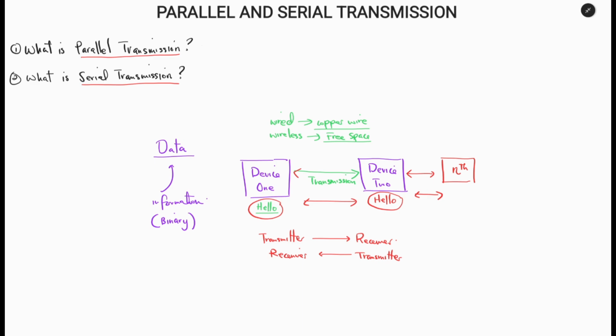And we can say in a parallel transmission, multiple data is transmitted at once, and in a serial transmission a single data is transmitted one at a time.